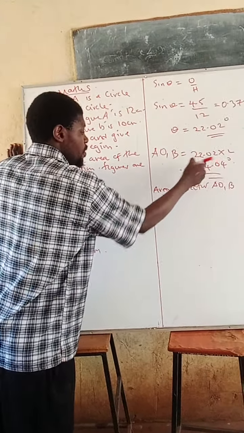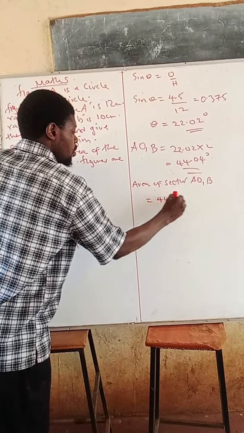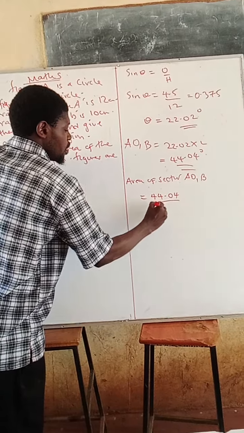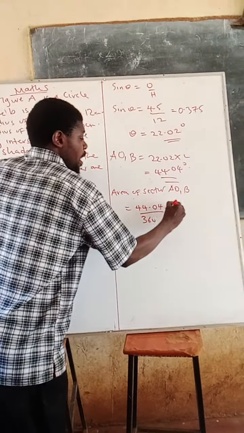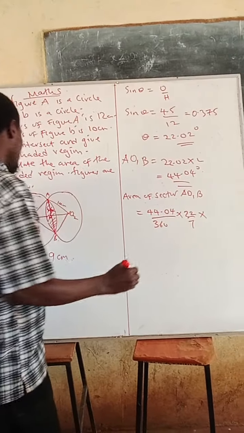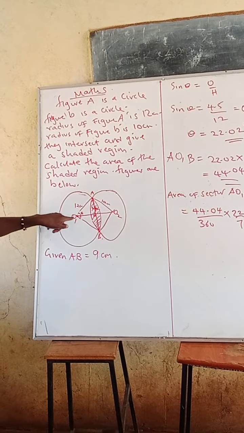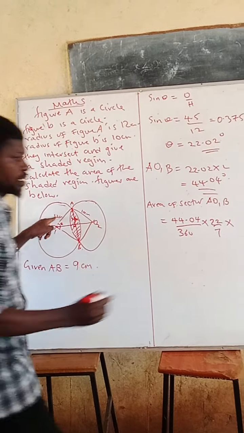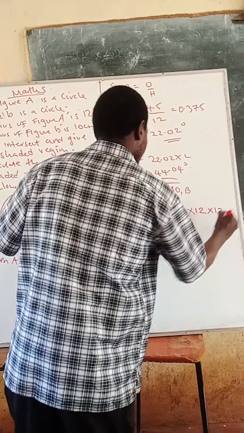The theta we have is 44.04 divided by 360 times pi r squared. Pi is 22/7 times radius, from A to O1, that is the radius, times the same radius.